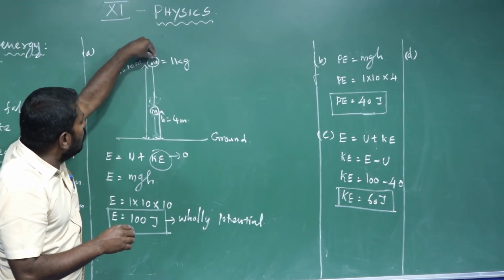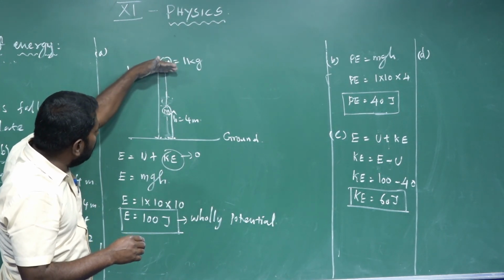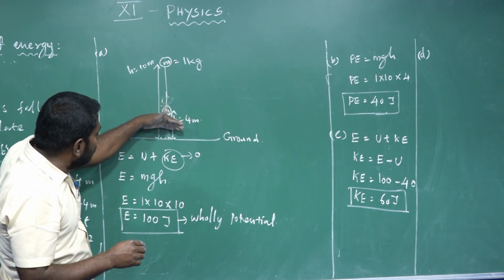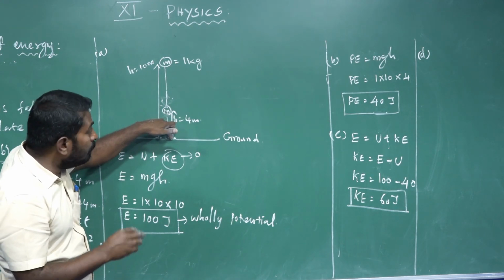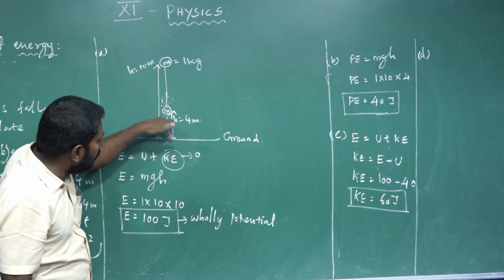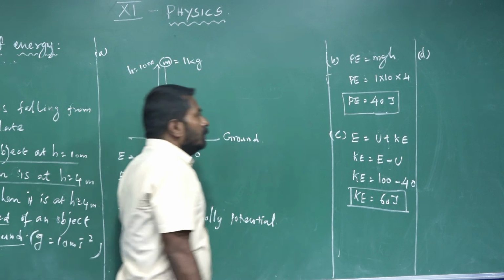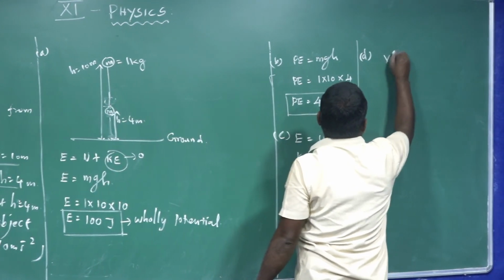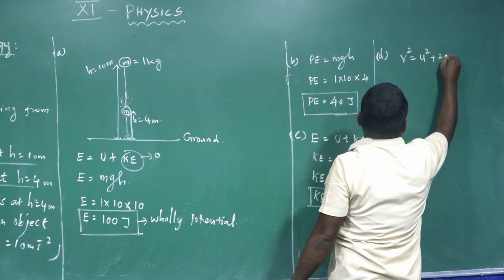If the object is allowed to fall freely, the velocity of the body keeps increasing at a constant rate. Just before it touches the ground, at that instant, the velocity of the body is maximum. We aim to calculate the speed of the object when it touches the ground. It can be calculated from this equation of motion: v squared is equal to u squared plus 2gh.